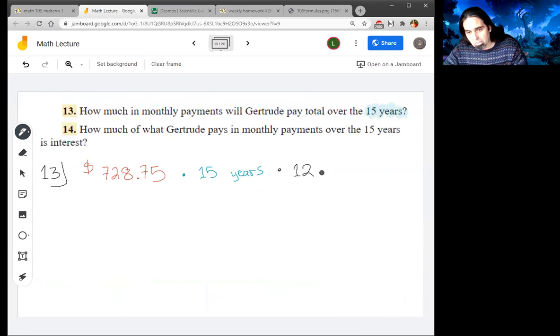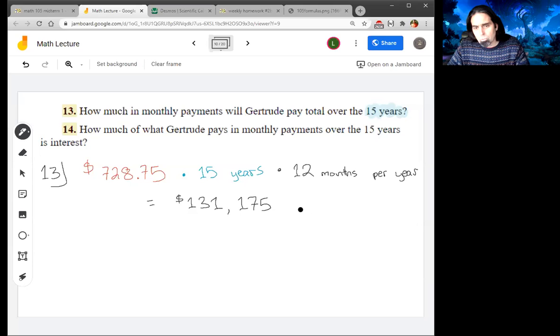So she has 12 months per year for 15 years. She writes a total of, whatever 12 times 15 is, 180 checks. Each one was 728.75. So 131,175, $175 total paid.